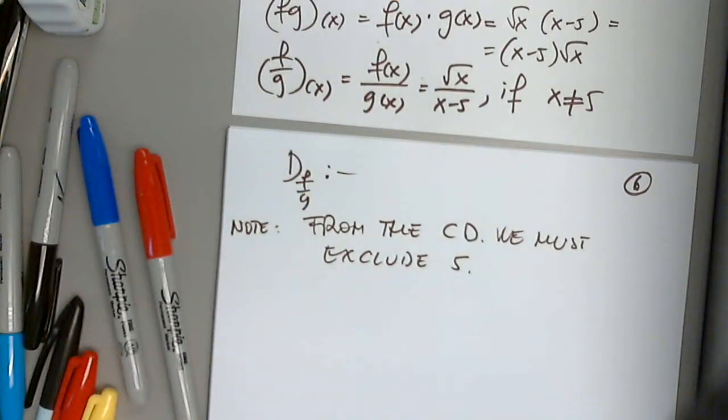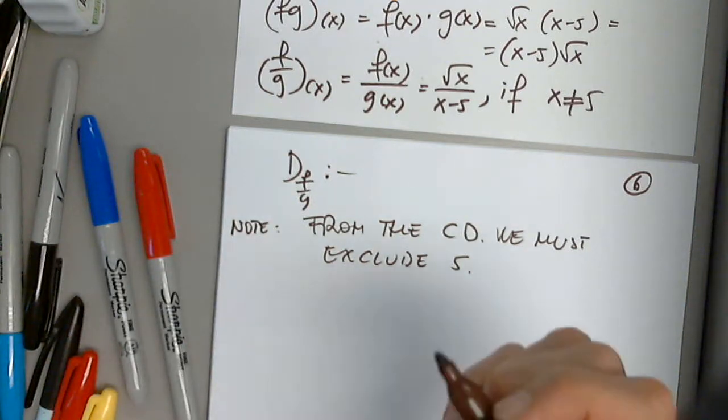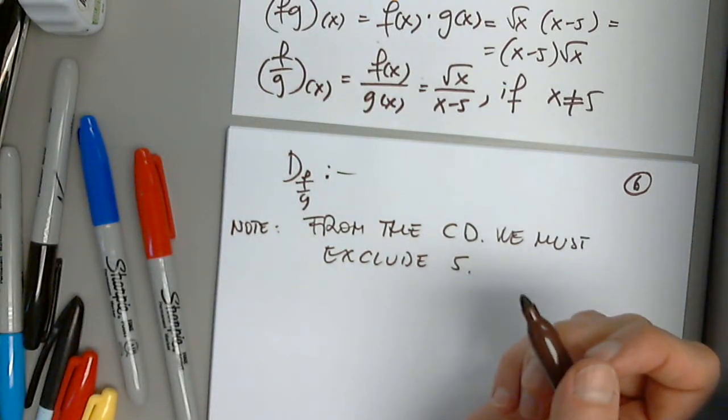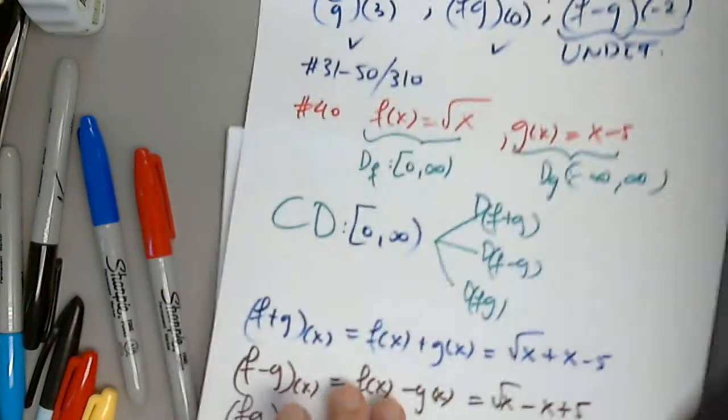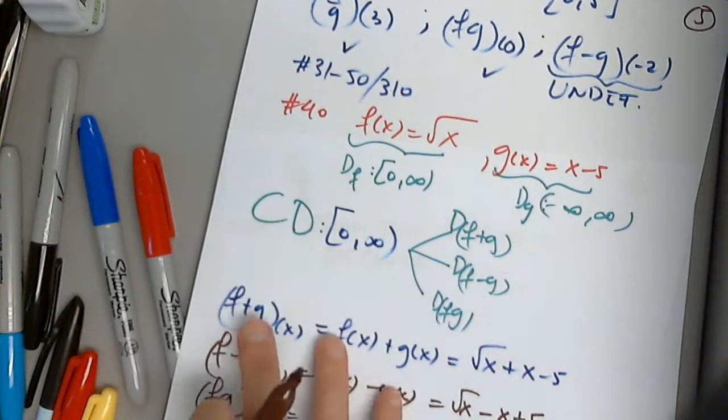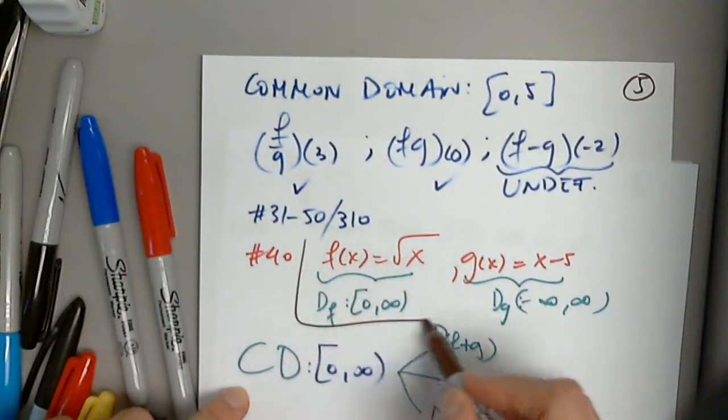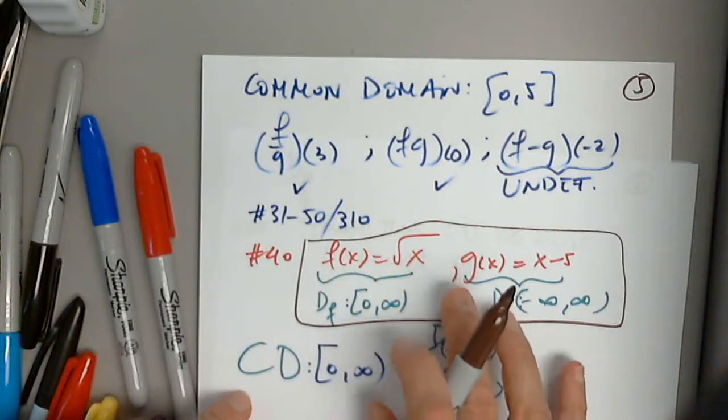So what will that domain be then? From the common domain, that's where these two functions exist at the same time.